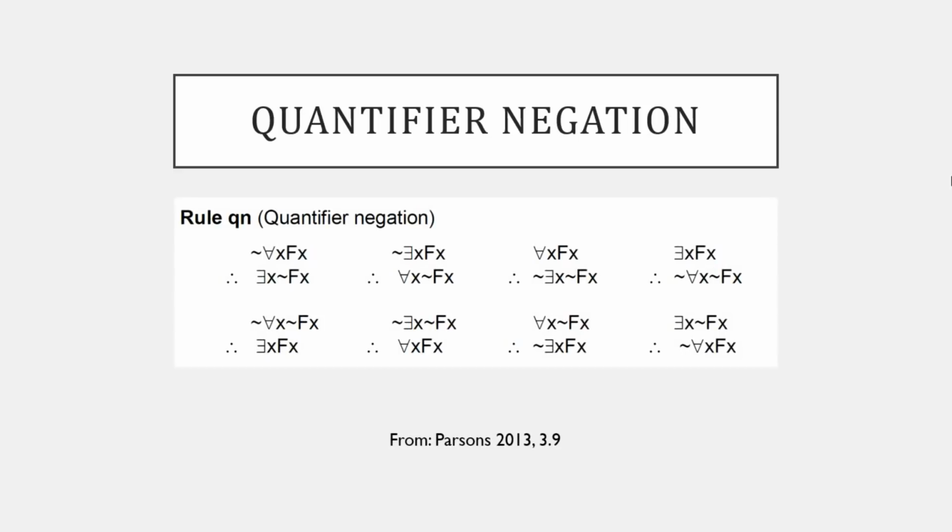Here's all 8 versions of it. There you go. This is in your textbook. There's no need to write this down. It's also on the slides that I posted. But I hope the pattern is clear. So it's very unlikely that you'll have to memorize all these.